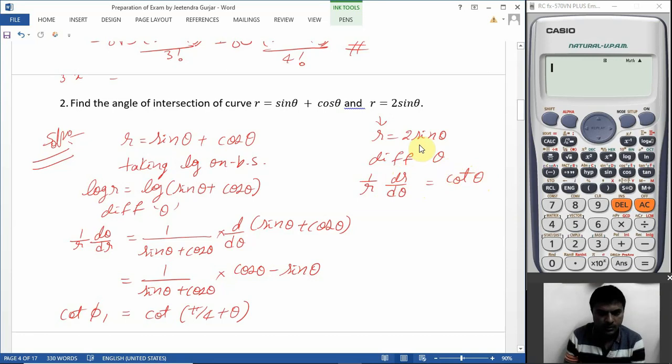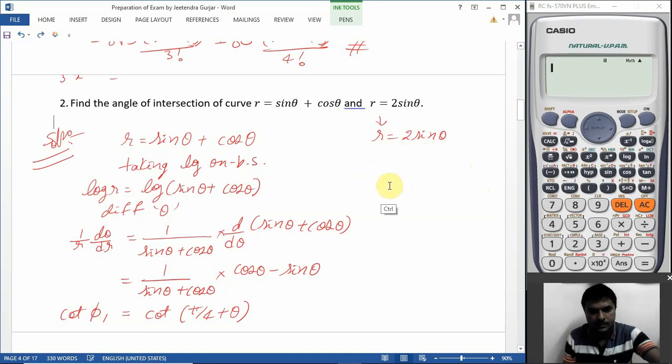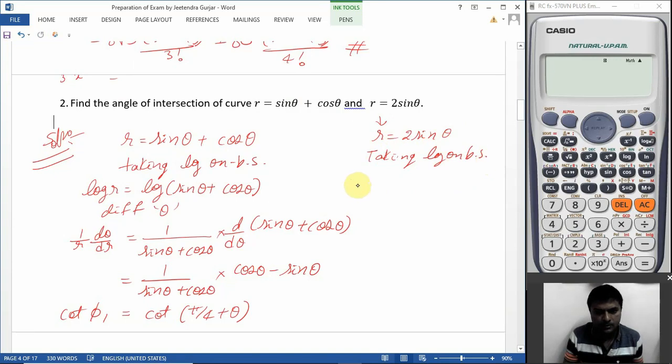Yes friends, if you want you can simplify, or for your simplification I will make it very simple. So you should know now all the formulas. So I will simplify one step more, don't worry. Taking log on both sides, so this is going to become log r is equal to log 2.